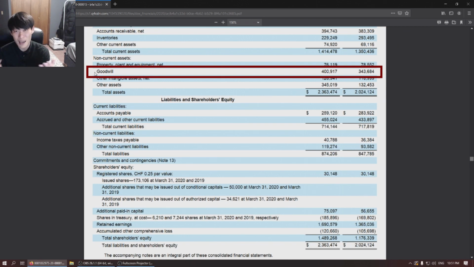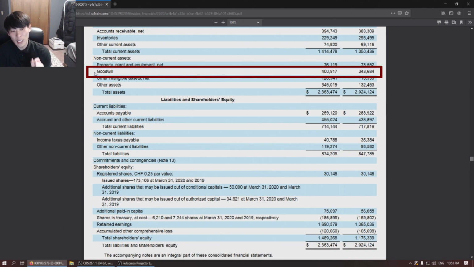I don't know who would pay that much, but usually the price is based on what is on the purchased company's balance sheet, or what they're worth. But let's say they did buy for $500 million. The company is worth $100 million, and they paid $500 million. So in goodwill, they put $400 million, because that was how much extra they paid for the company or acquisition they wanted to complete.